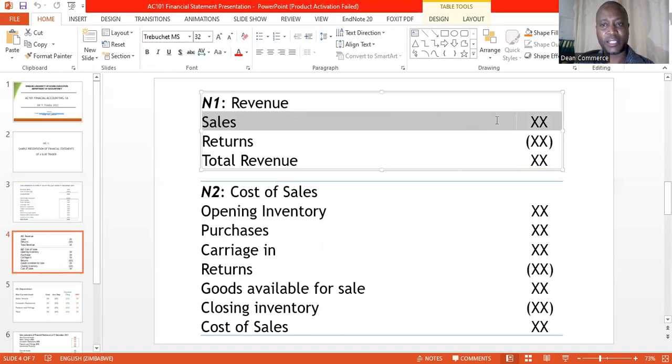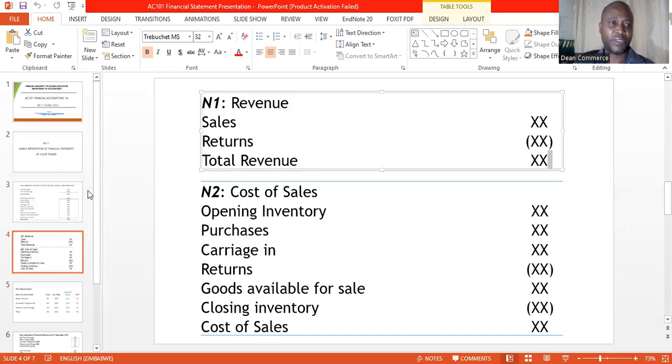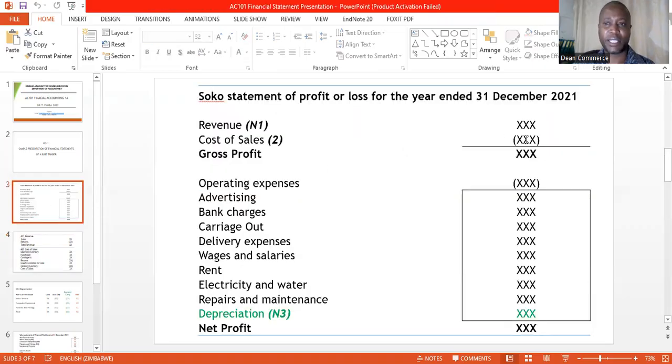It will be given, and this figure will have a credit balance, and then we will have returns. This figure will also be given. If it is in the trial balance, it will be a debit balance. So then we have the net of the two, which is revenue.